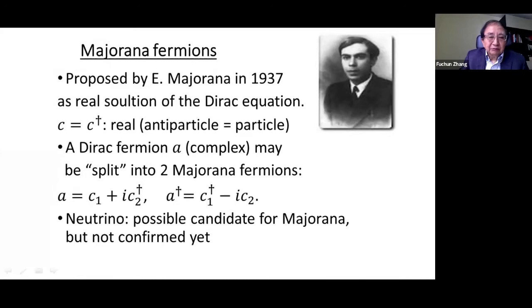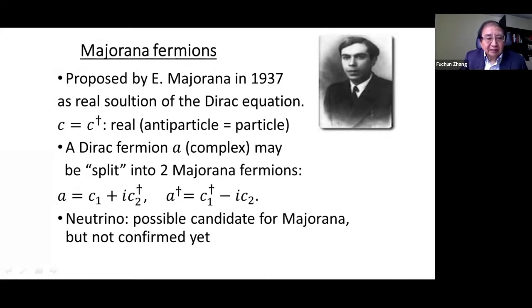He found a real solution of the Dirac equation, which is different from the usual Dirac fermion we are using now, which actually exists in nature, like electrons and protons. That solution is different from Dirac fermions in the sense that the particle and antiparticle are the same. That means c equals c dagger, and this is real.